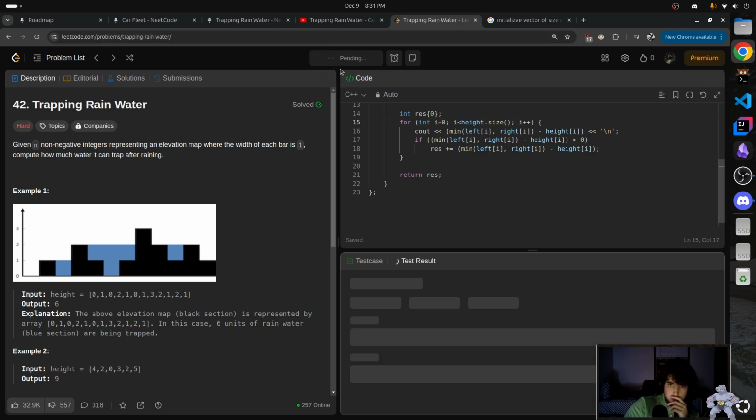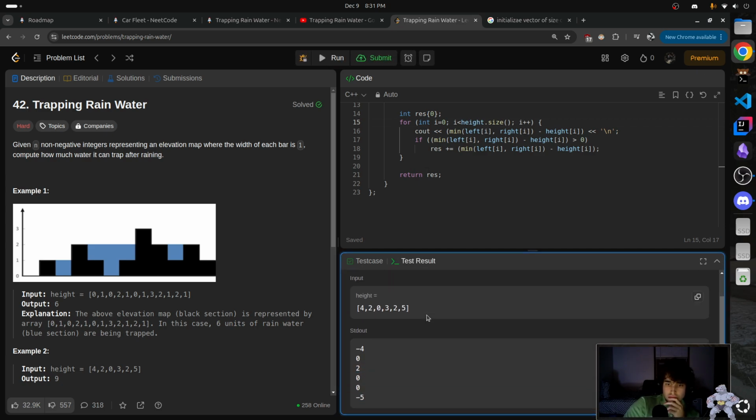That's right. Why is this one not right?